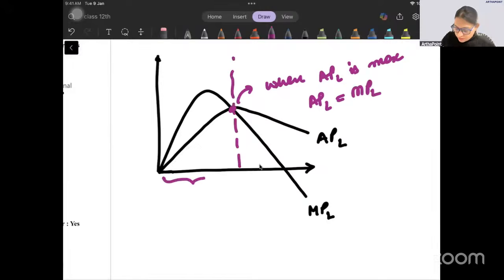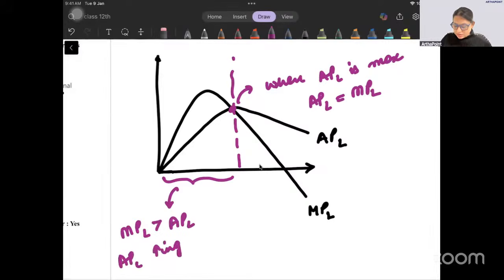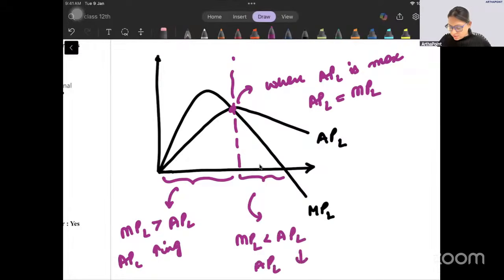In this region, we notice that the marginal product of labor is greater than average product of labor and average product of labor is increasing. In this region, we notice the marginal product of labor is less than average product of labor and average product of labor is decreasing.